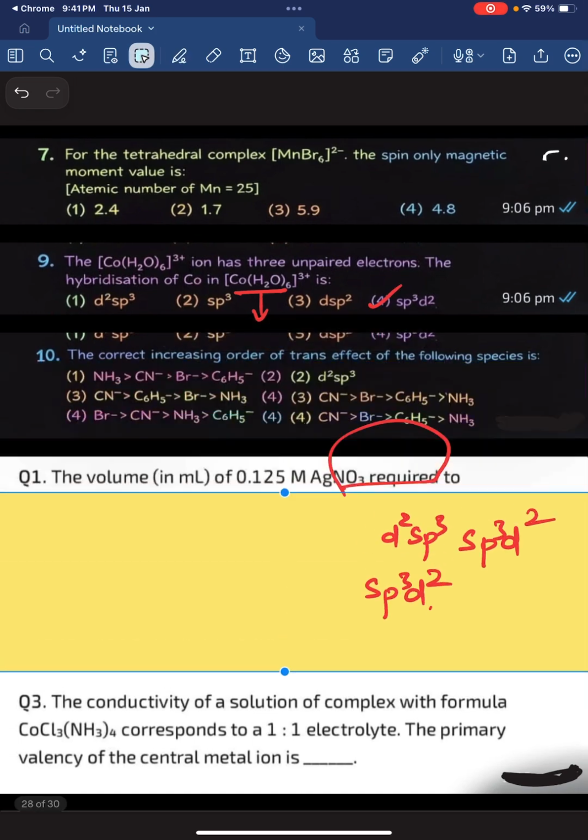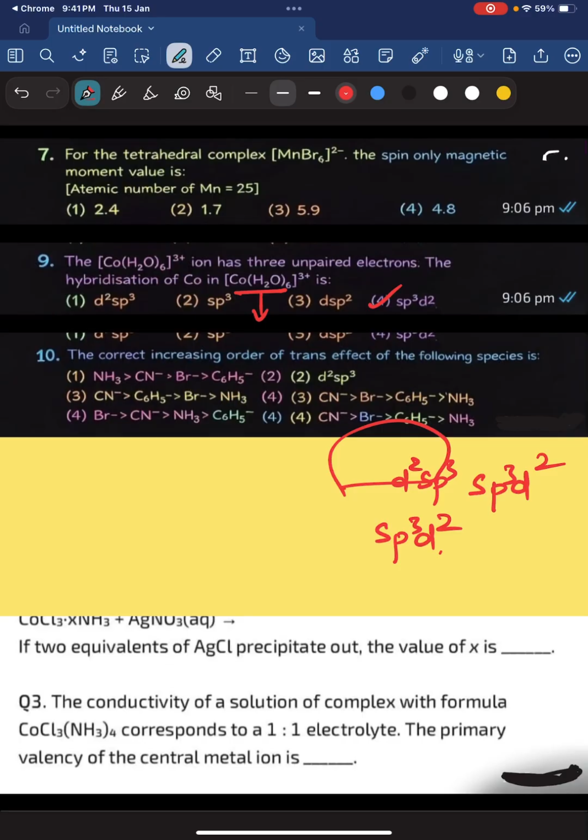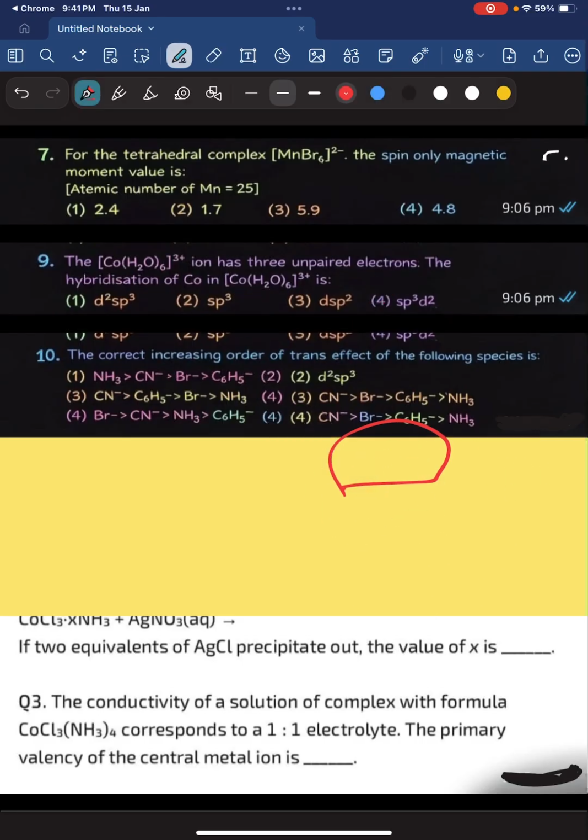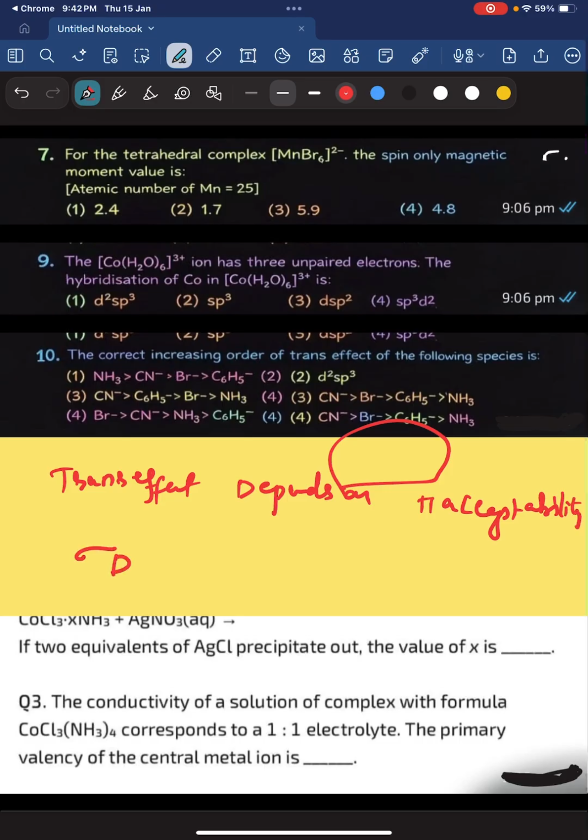Coming to the next. The correct increasing order of trans effect for the following. Trans effect mainly depends on pi acceptor ability, means back bonding, and sigma donor strength.